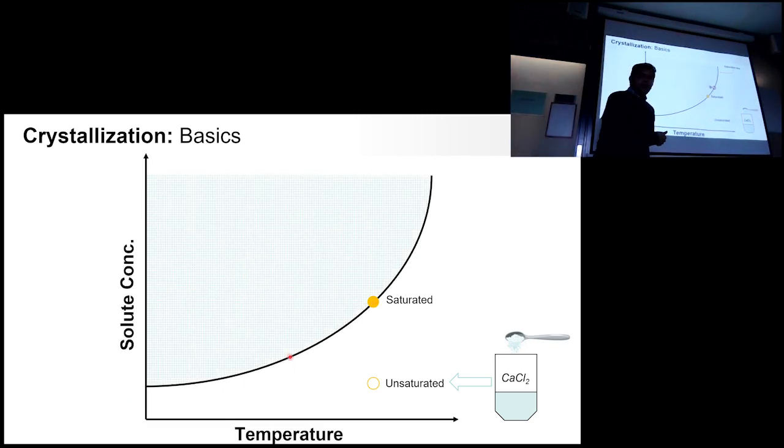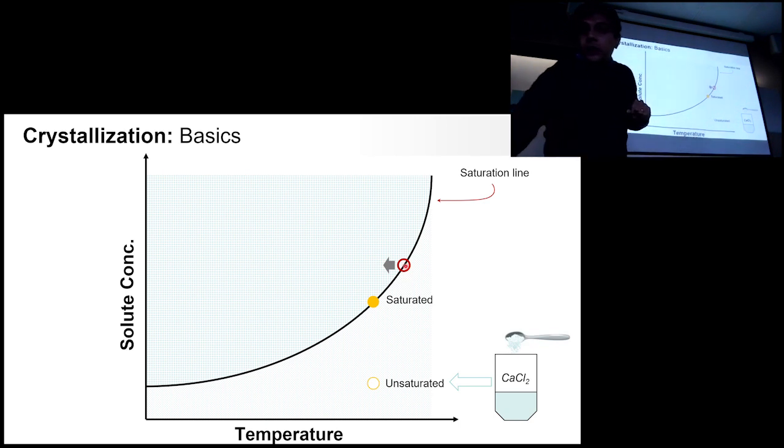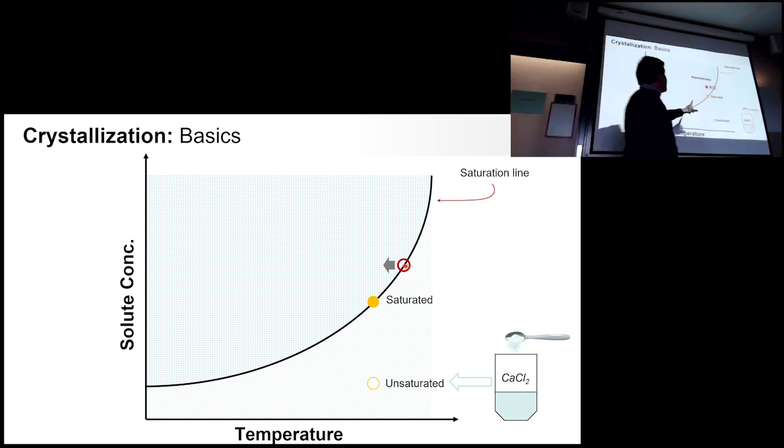Now, how do we get to supersaturation then? What we do is we heat up the solution, and then add more solute, or add more salt. If we do that, then we get to this point, for instance, and then we can add additional solute, and then we cool down the solution.